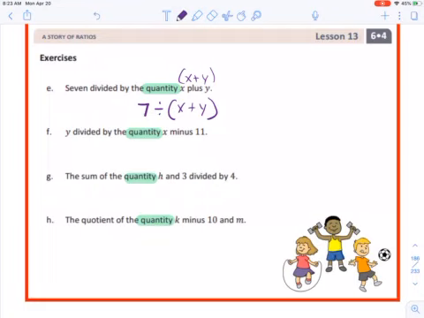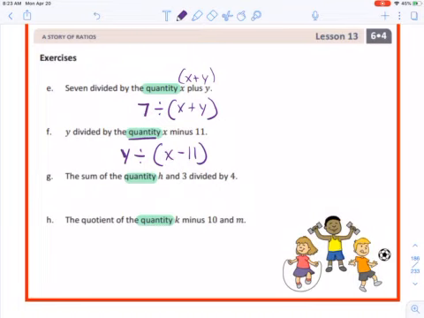Letter F. y divided by the quantity x minus 11. So I have y divided by the quantity, with parentheses, x minus 11. That's how I write that. Letter G. The sum of the quantity h and 3 divided by 4.